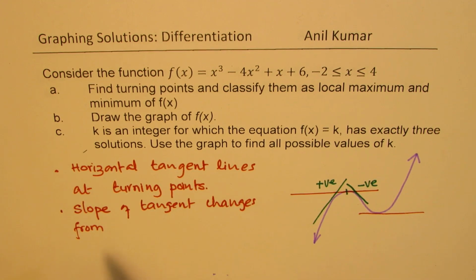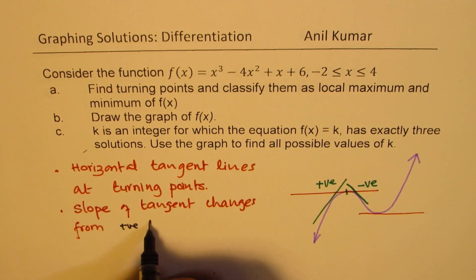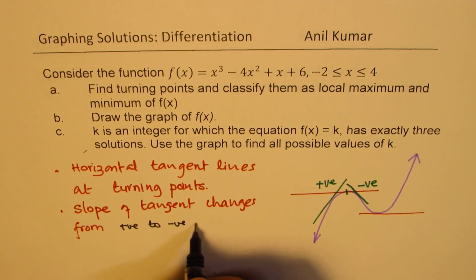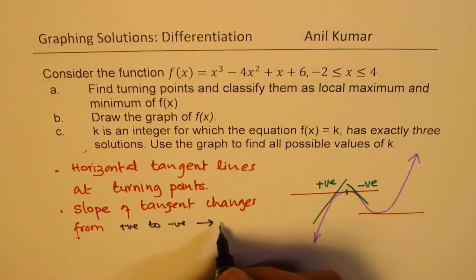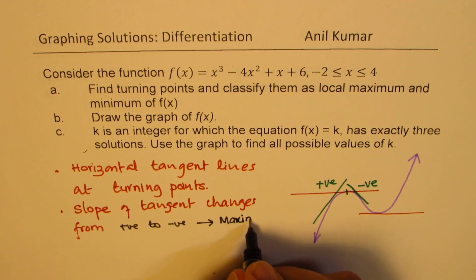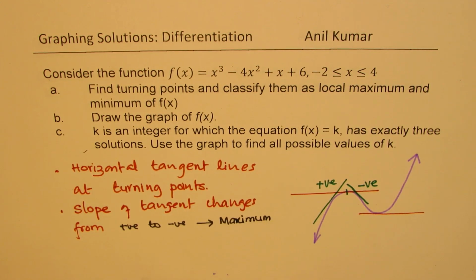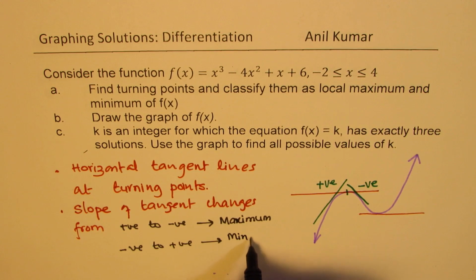It could be from positive to negative, right? In that case, we have a maximum. And if it is from negative to positive, then we have a minimum.